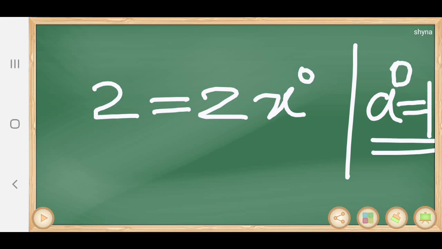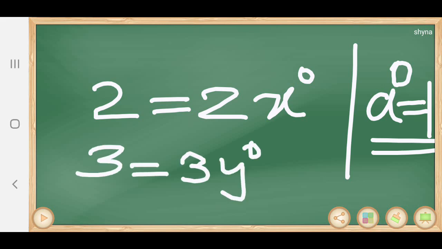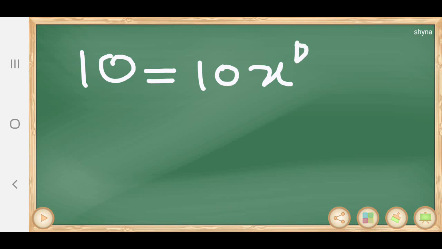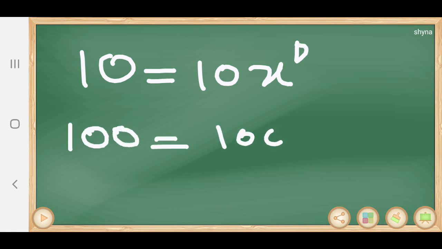Same way, number 3, if I am using another variable y, then 3 is same as 3y raised to 0. Then 10x raised to 0, 100z raised to 0. We can write every number like that.